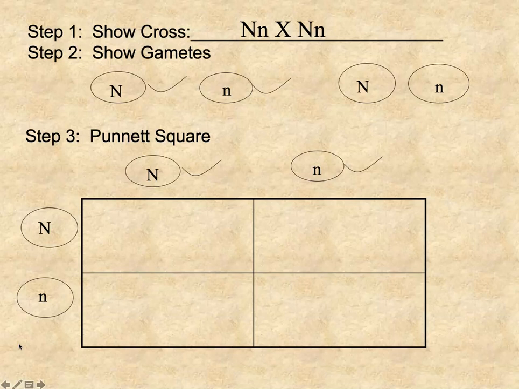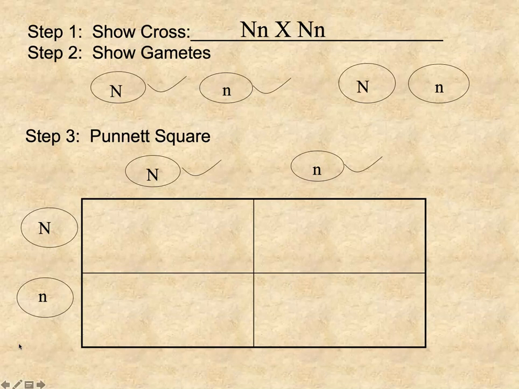The same thing for the female. If the female is heterozygous, 50% of her eggs will contain the normal allele, and 50% of her eggs will carry the recessive allele for the genetic disease.